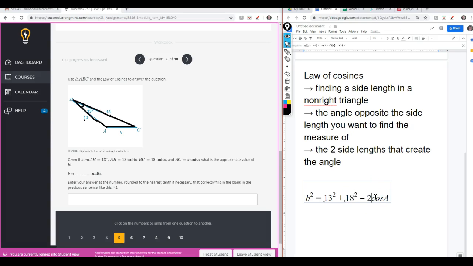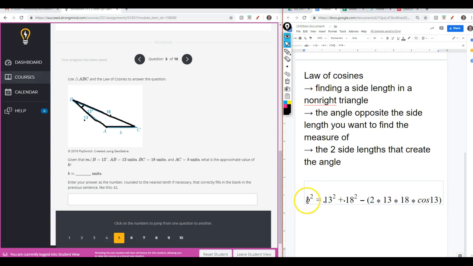Then we have minus 2 times 13 times 18, that's a multiplication, in parentheses, times the cosine of the angle opposite the side length we want, which is 13 degrees. Alright, so that's how we would substitute it.